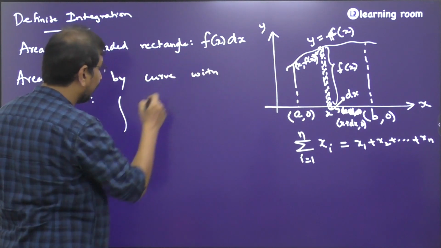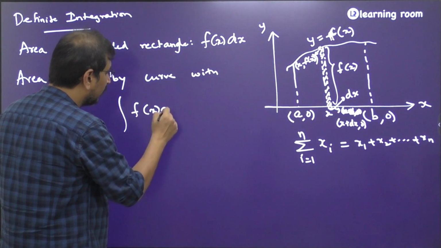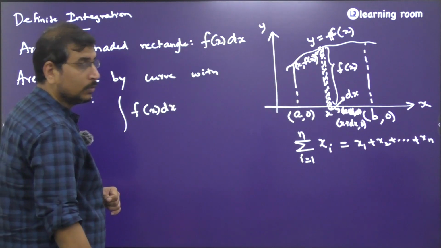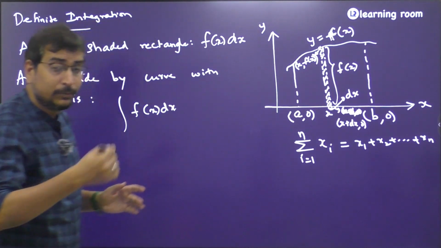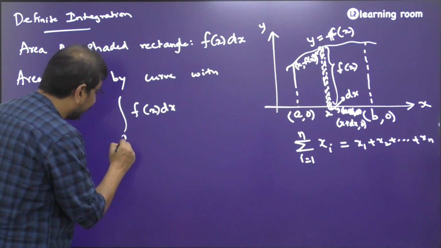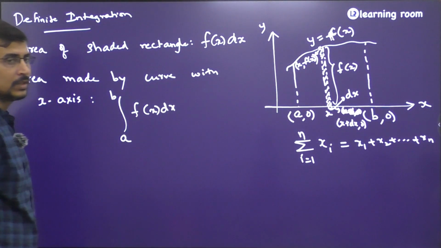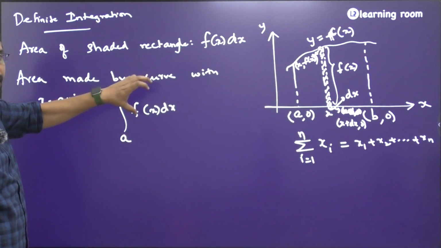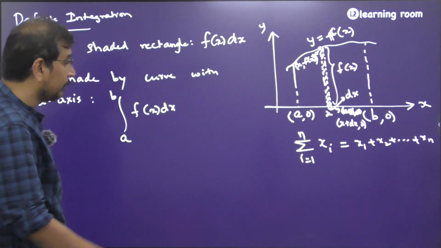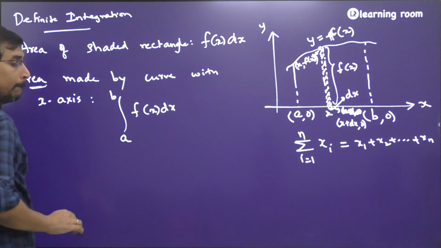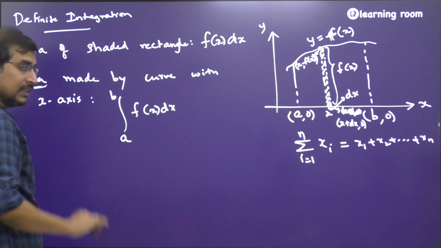It is the integral of all these small areas between the points A to B. When you do definite integration, we are actually obtaining the area made by the curve with the x-axis.